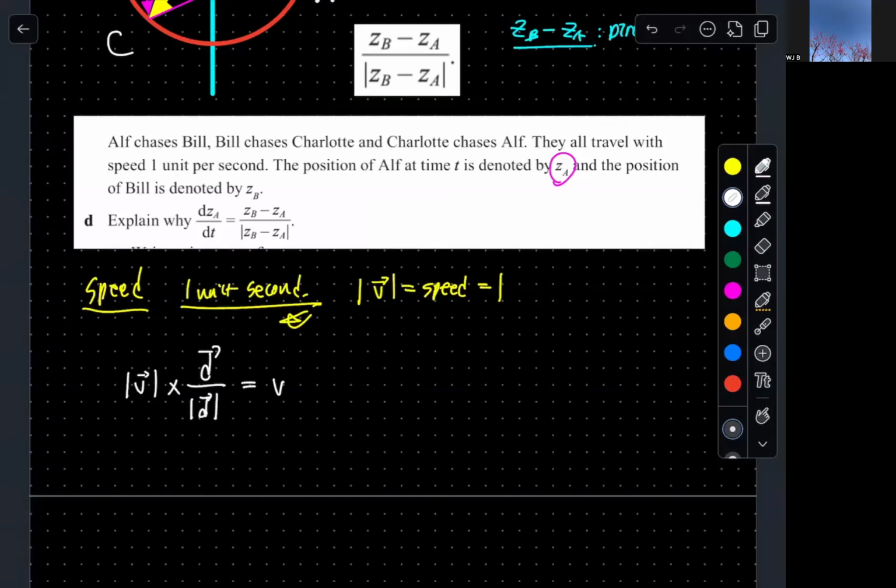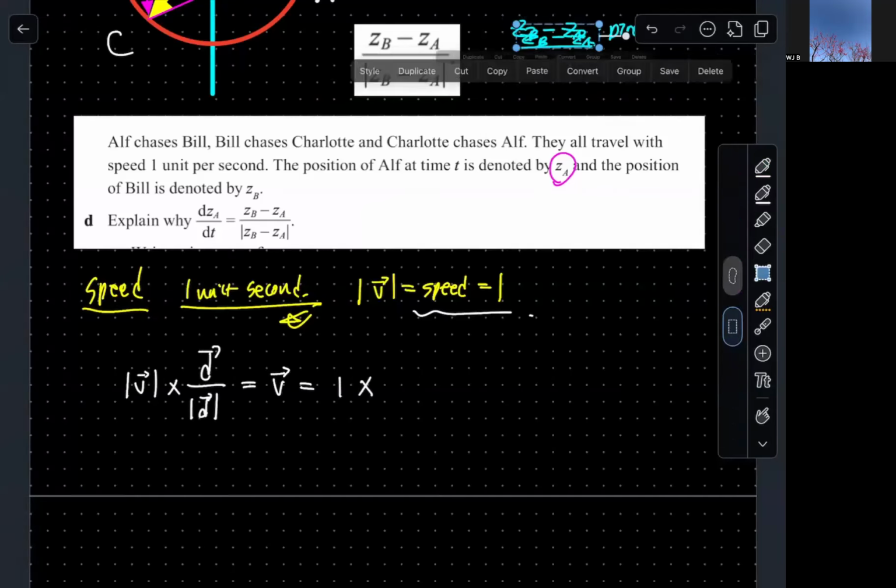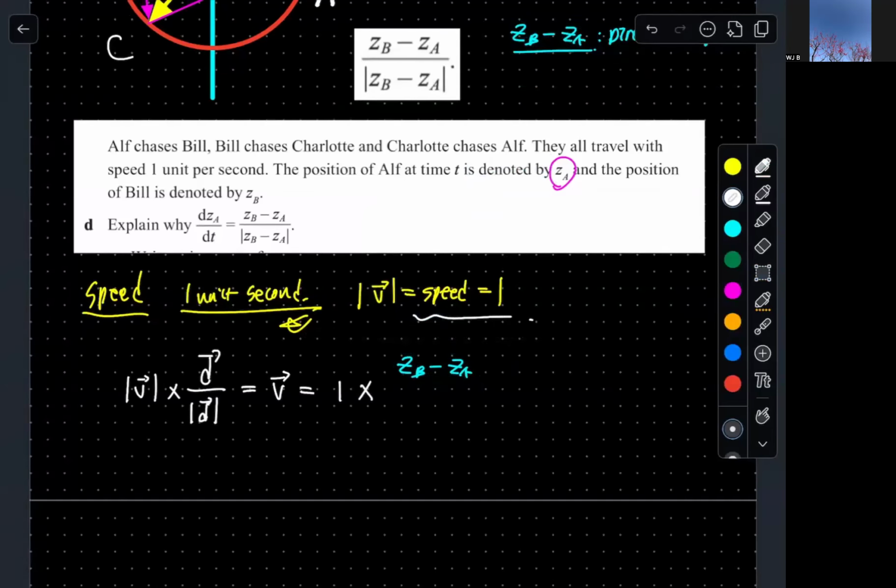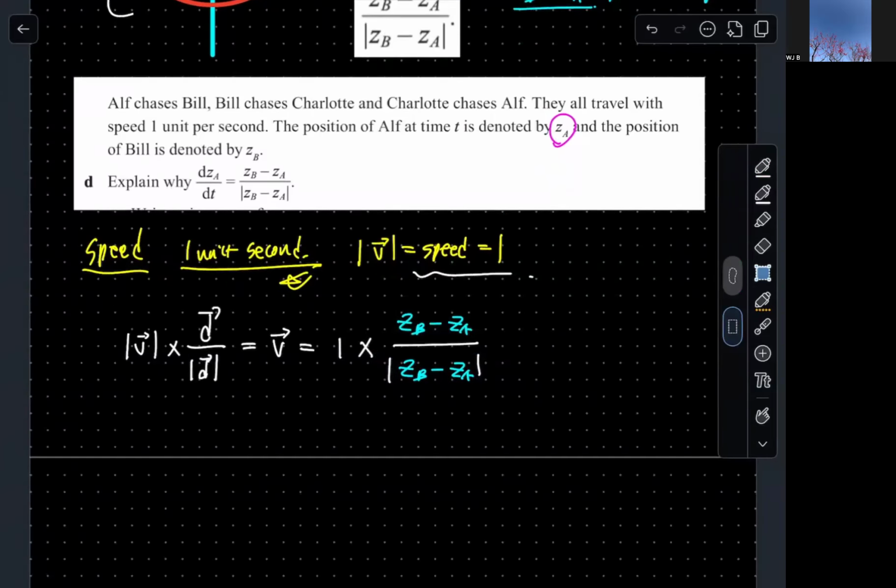So here, because I'm given the speed as 1, and the direction vector from A to B is ZB minus ZA, I'm going to divide it by its length, which is the magnitude of this complex number. That will give you the velocity vector. So this is a question that goes with the complex number and the vector, especially for the kinematics. That's great. So that's answering part D.